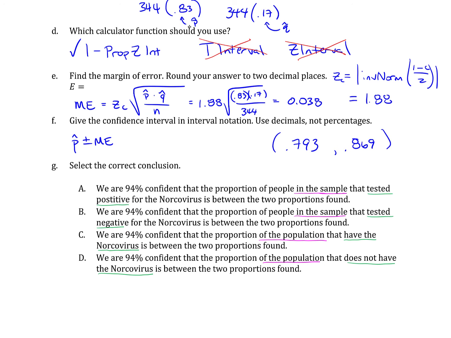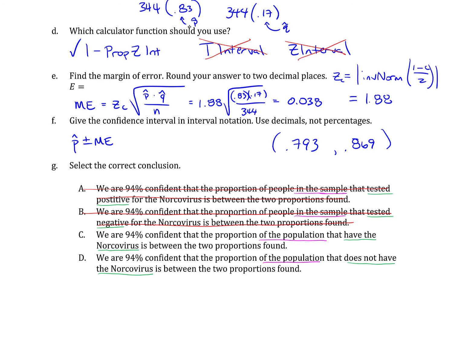So what we're doing with a confidence interval is we are taking our results of a sample and extending those results to the entire population. So that removes A and B as possibilities for this result here, because the final interpretation is going to have something to do with the population of values.